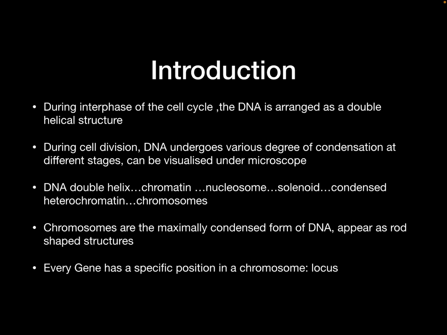During interphase of the cell cycle, the DNA is arranged as a double helical structure. That is its maximally extended format. And during interphase, the cells are in an active stage. The DNA is active and functioning.